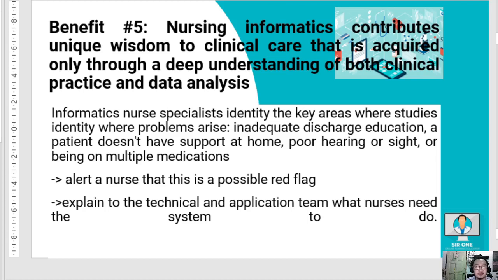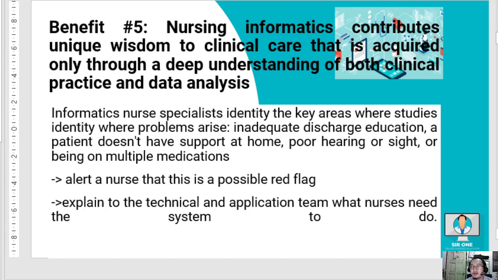Because of this, you can add this wisdom, technological or data analysis, and your clinical practice into nursing informatics, which again will give you very important improvement in patient safety by reducing such problems, reducing discrepancies or scenarios that will give rise to other problems.